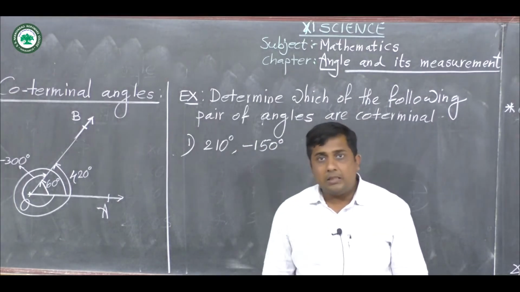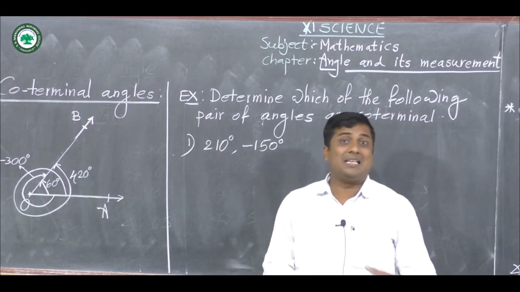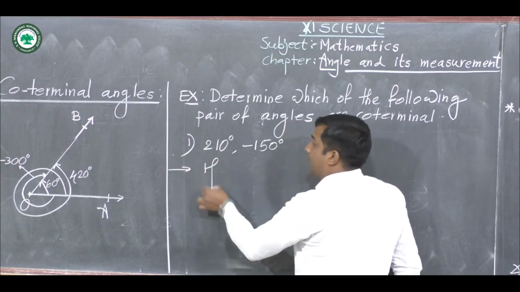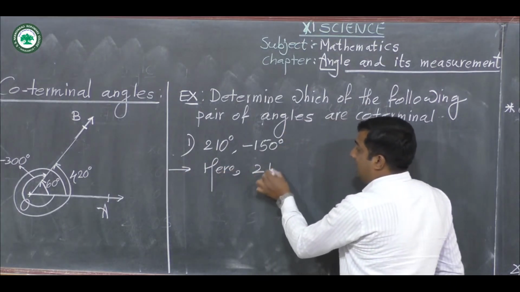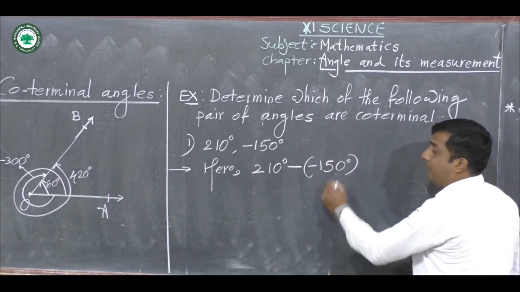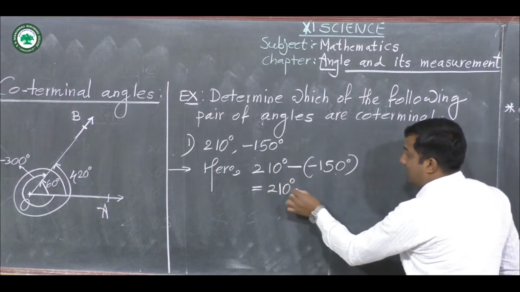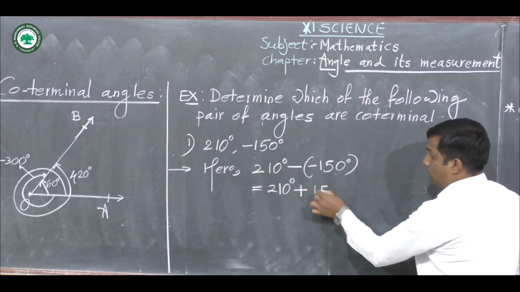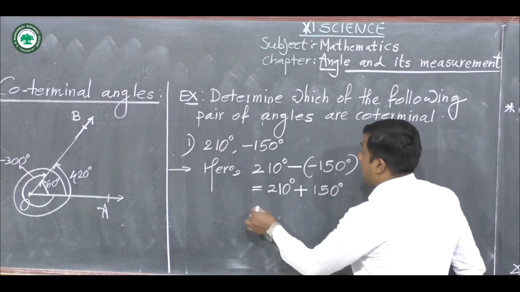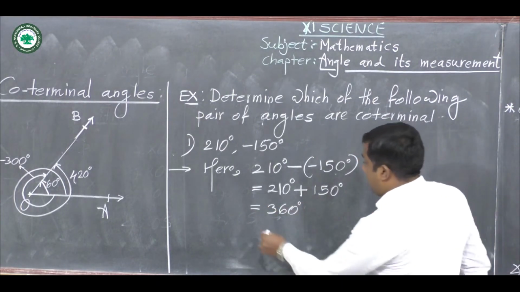To check whether the given two angles are coterminal or not, we consider the difference between these two angles. We consider the difference between 210 degrees and minus 150 degrees. We know minus of minus is plus, so we have 210 plus 150 degrees, which is 360 degrees.